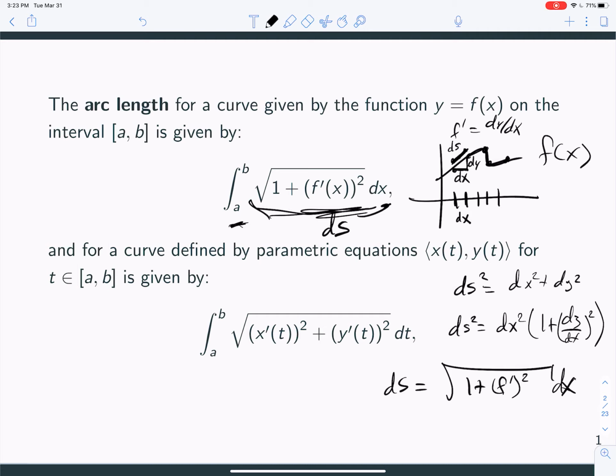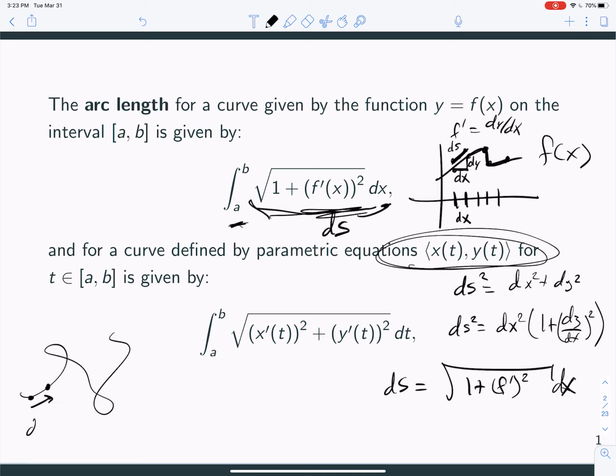Now, if you were doing this in parametric equations, then you might have some curve moving around like so. Between any 2 points, you would have a certain amount of length. There'd still be a ds there, but it would turn out that that ds would be this times dt. So dt is a change in time. This is really the velocity.